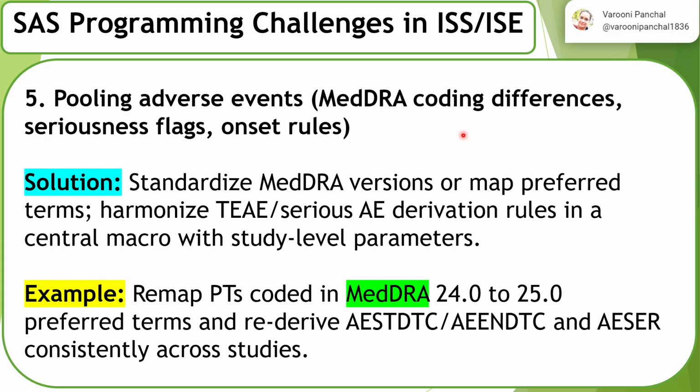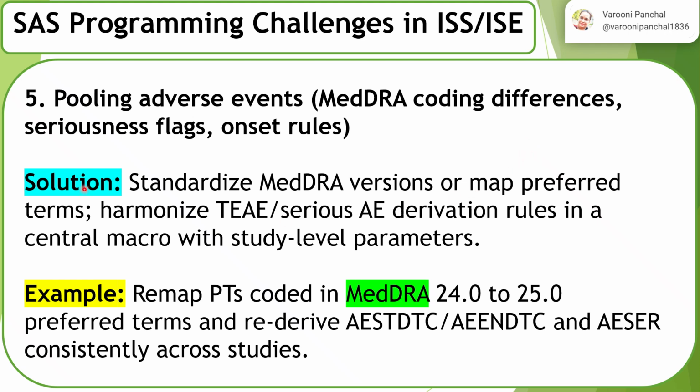In ISS and ISE studies, you will see most of these challenges from this slide, especially where the adverse events, the rules and the seriousness are concerned. This is a very important factor because you are considering the safety parameters for ISS and ISE studies.